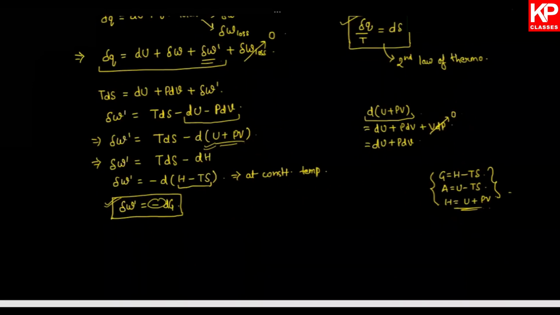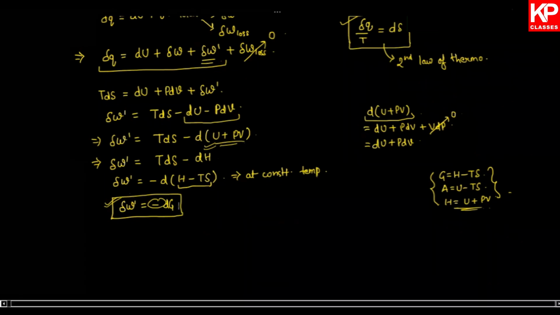A system becomes stable when there is a change in Gibbs free energy, and whenever this Gibbs free energy gets lower, the system is more and more stable. Because when the Gibbs free energy lowers down, a lesser amount of work will be done in the non-mechanical form, and more will be generated based upon the mechanical work done. The basic thing that you have to note or understand is that the system becomes stable.